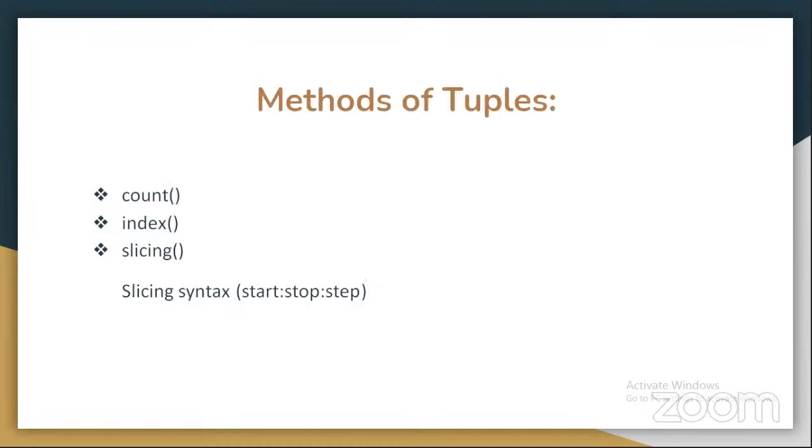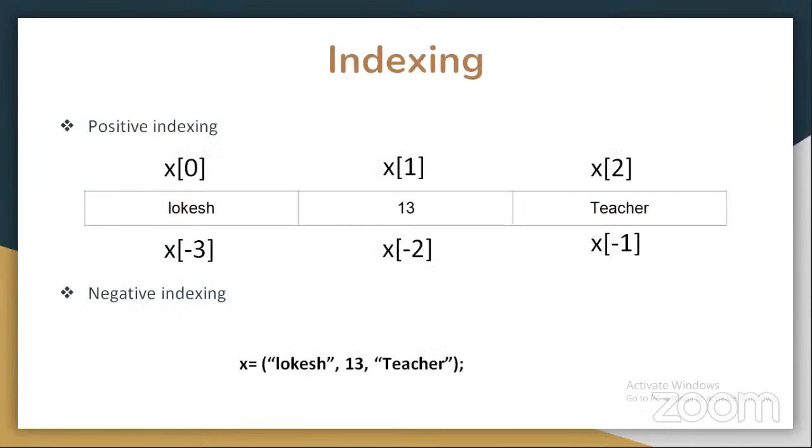Tuples are ordered, and we cannot change the order of a tuple. In a list, we can change an item, delete an item, remove an item, and add an item.